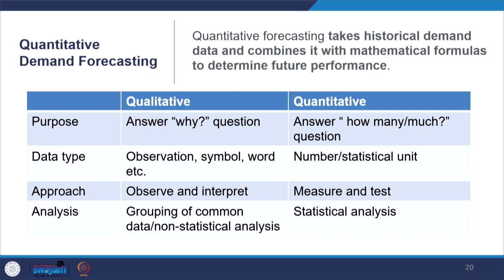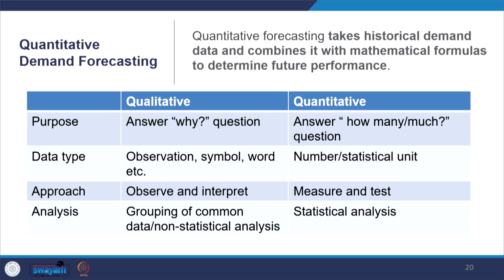Basically, we will try to give some weight to the different data points, or we will try to predict the coefficients used in the regression models. So, we will try to have a formula and fit the data. When you talk about qualitative and quantitative, on the basis of purpose, data type, approach and analysis, they are different.